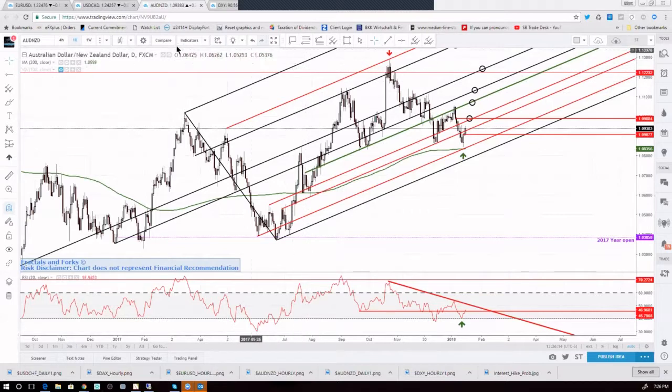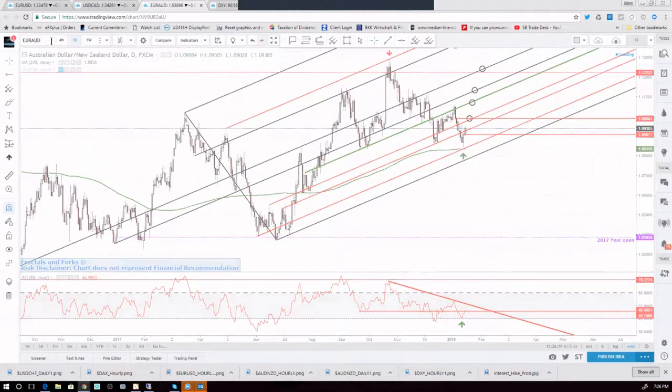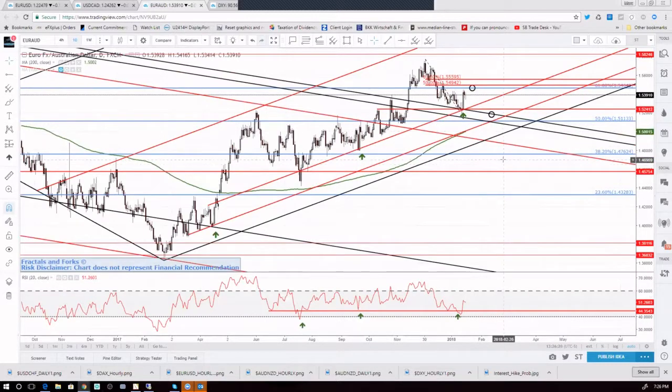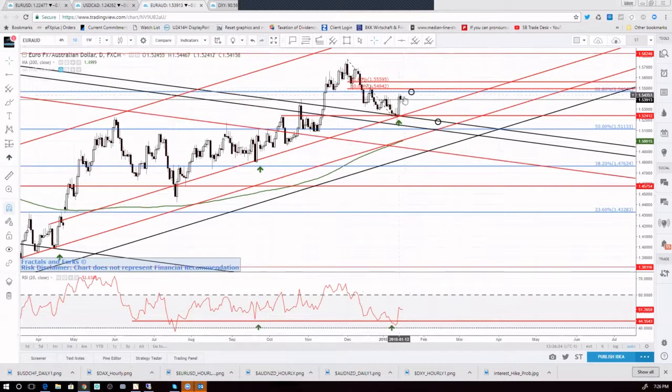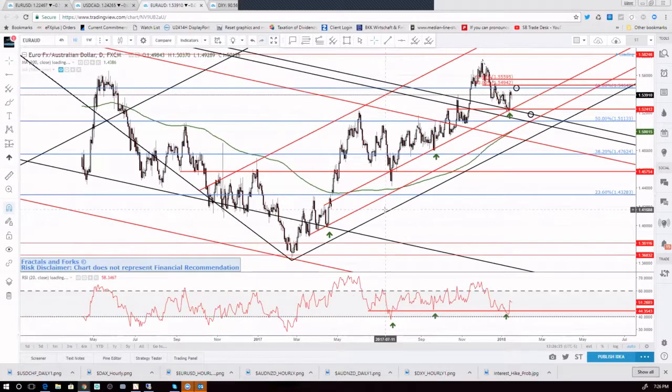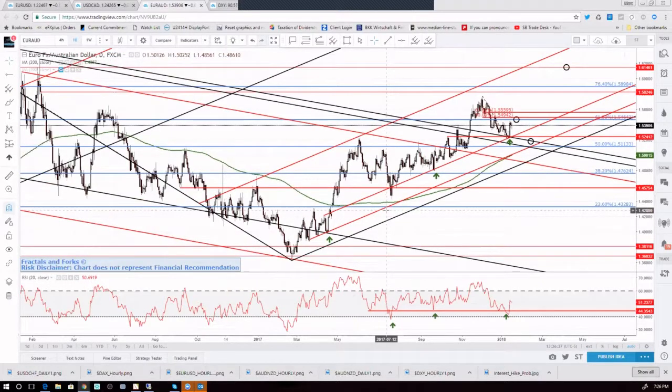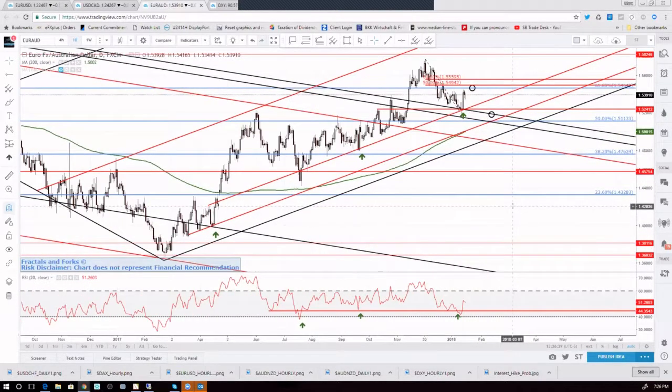Well, Euro crosses, Euro Aussie. It all looks the same, right? I mean, big moves on a Friday, yesterday nothing, and today nothing. Every single pair looks the same. So is this the silence before some kind of storm? Don't know.